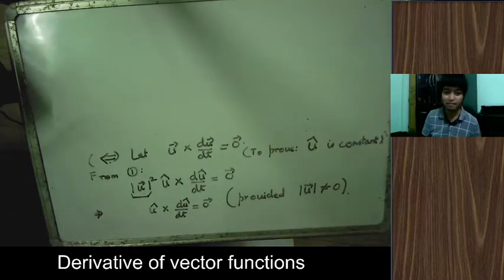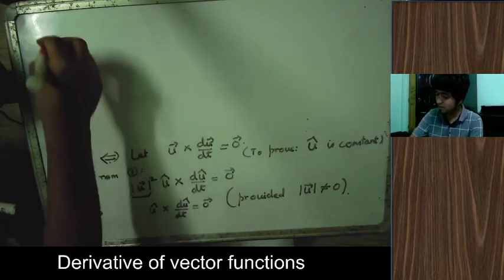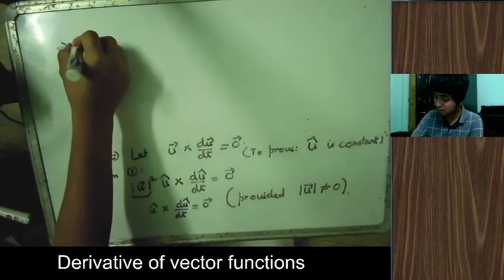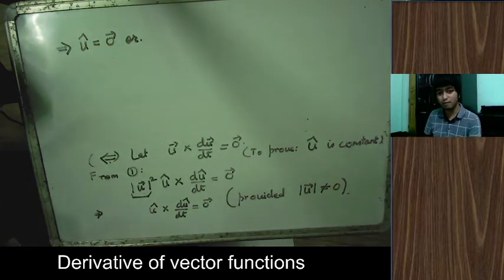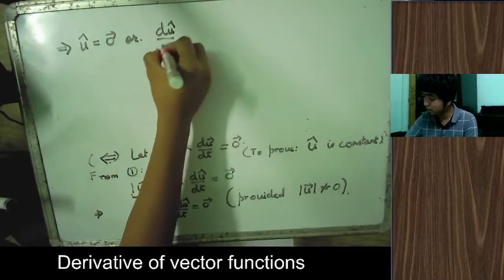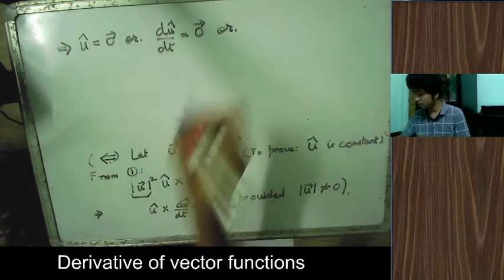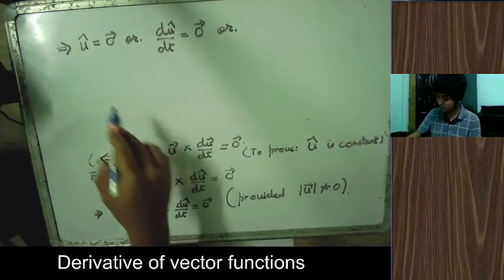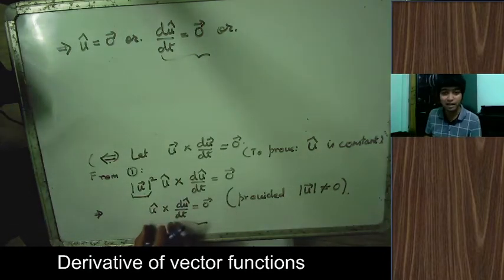So now what can we have? From over here, if you remember, we can have that this one is equal to 0, or du dt equal to 0, or the angle between them is 0.